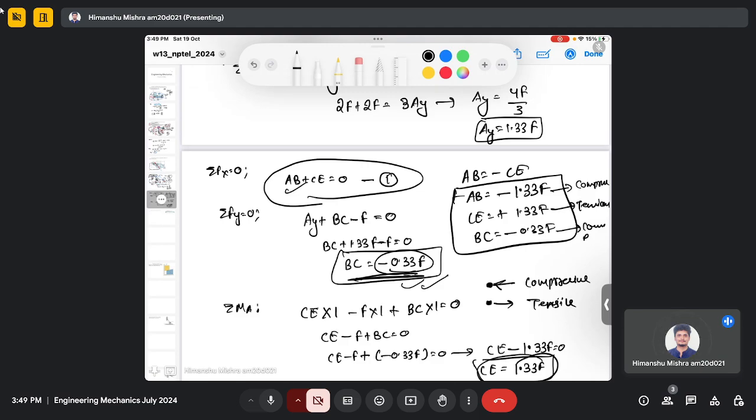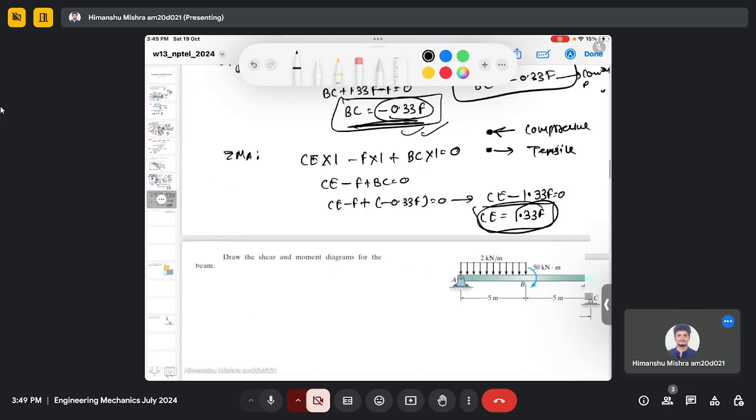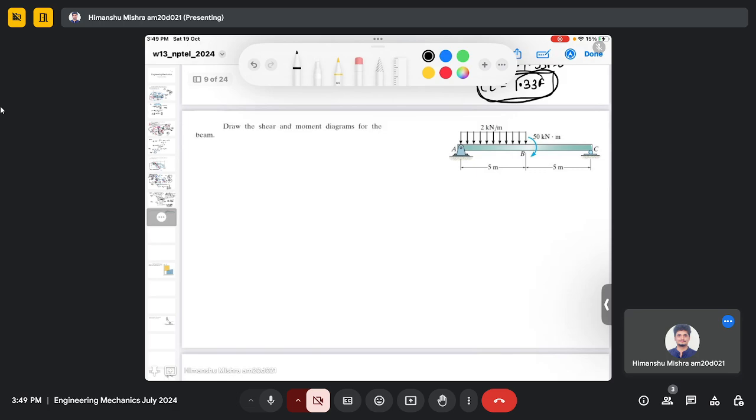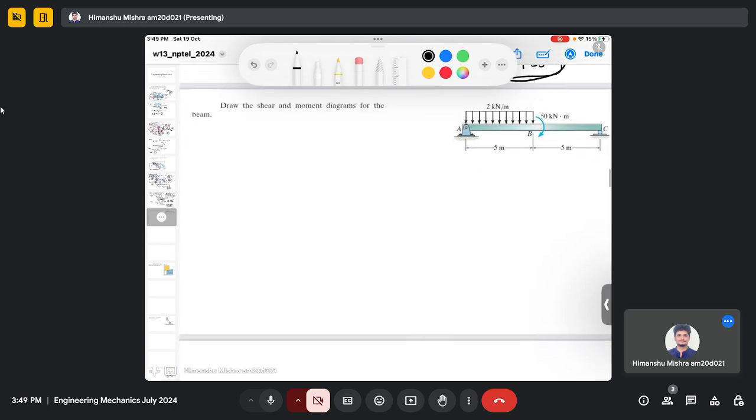So let's move to the next problem. In this problem, we need to make the shear and moment diagrams, and we are given the beam. It's a standard problem. We are given the loading, which is the uniformly distributed load.